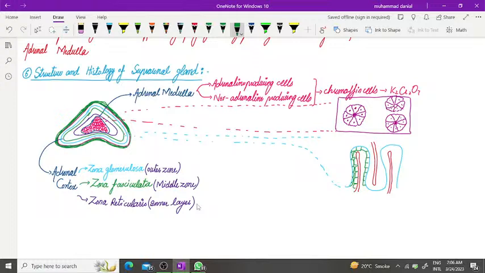This is basically the histology of these cells, and these are innervated by capillaries, and these capillaries are called sinusoidal capillaries.